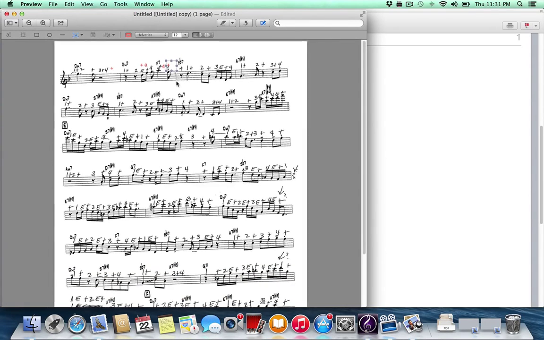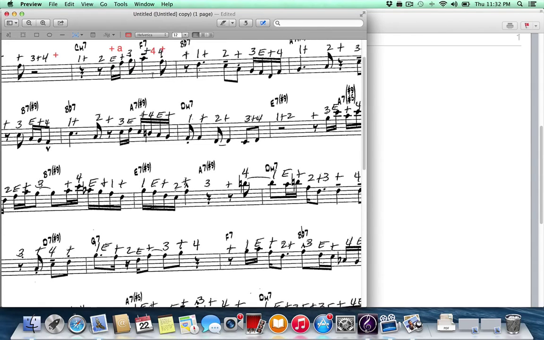Okay, so this is 1 and 2 and 3 and 4 and. Okay, then this should be beat 1, not the and. Okay, and this would be and 2 and, then that would be 3 and that would be 4 and.